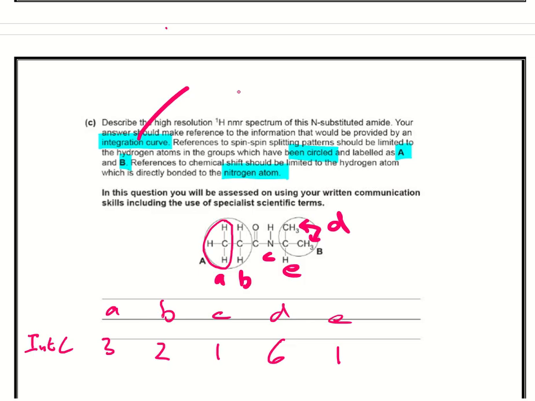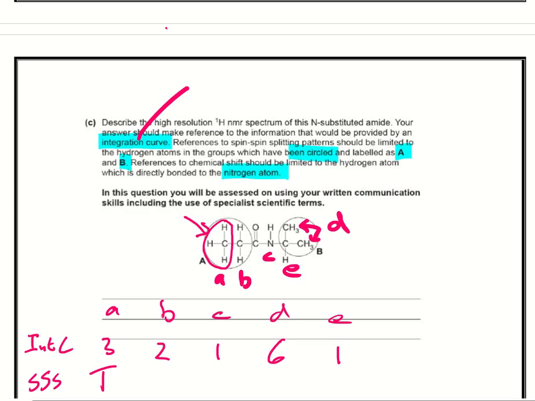Next, let's deal with spin-spin splitting. A here is adjacent to a CH2, so that's going to split to a triplet.